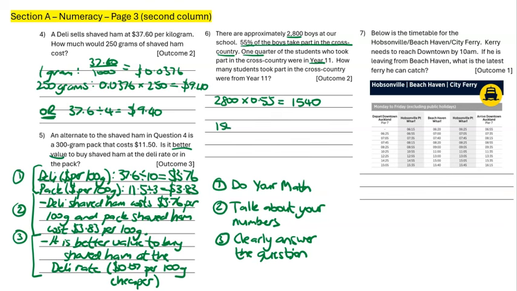So we're going to go 1,540. We're going to divide that by 4, get that 1/4, and that there is going to be 385. And I'm just going to explain what that means. So 385 year 11s who are doing the cross country.